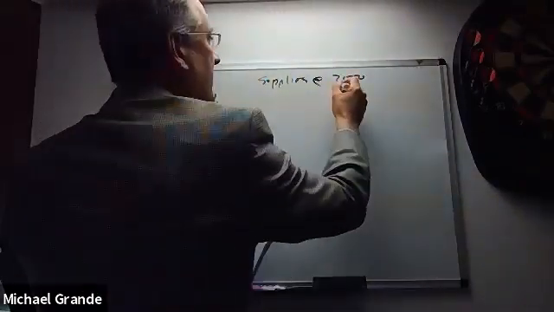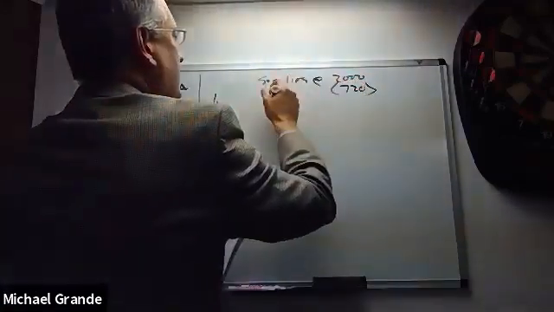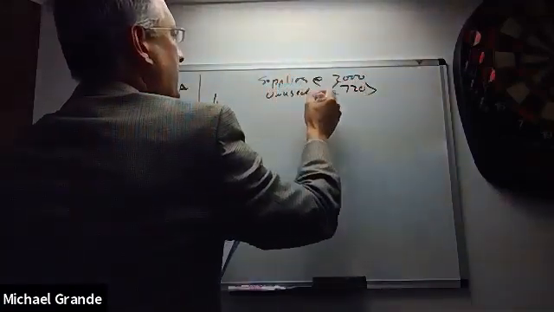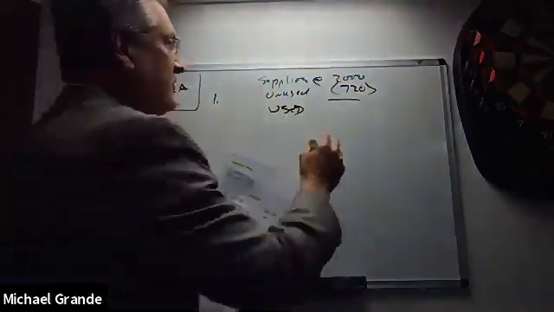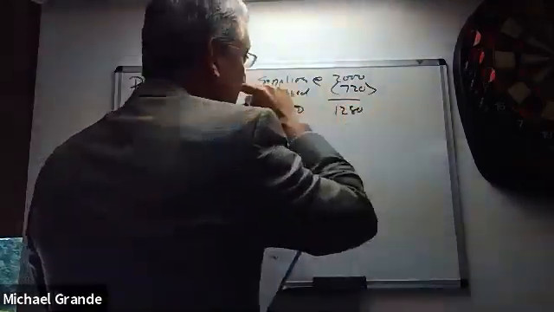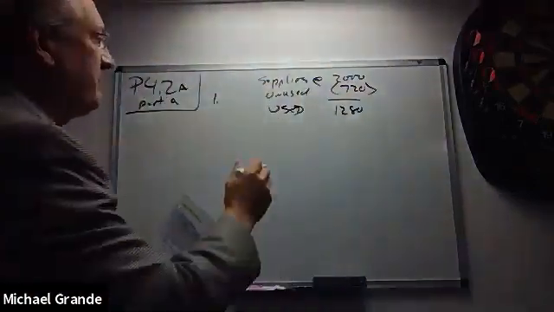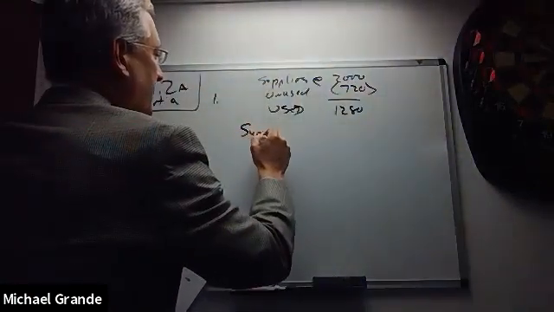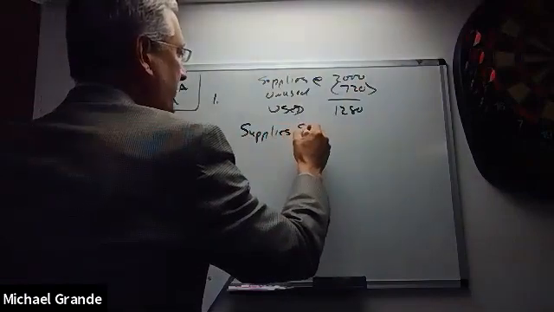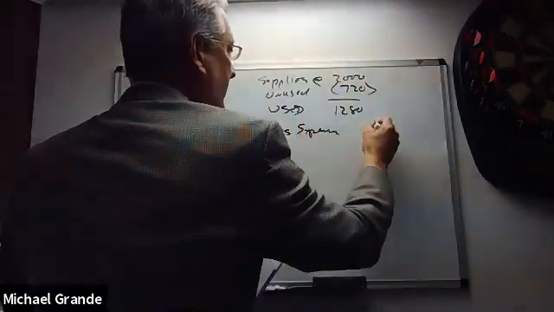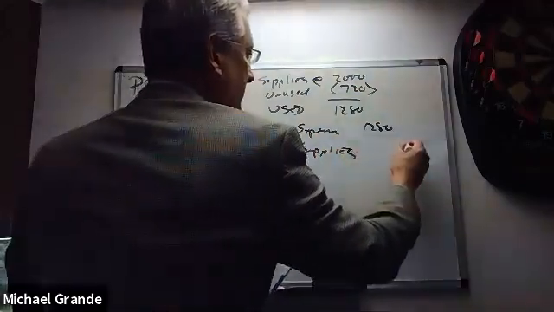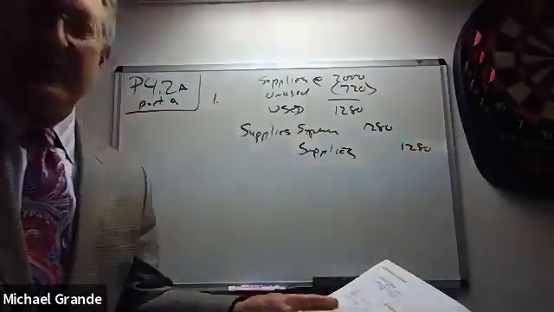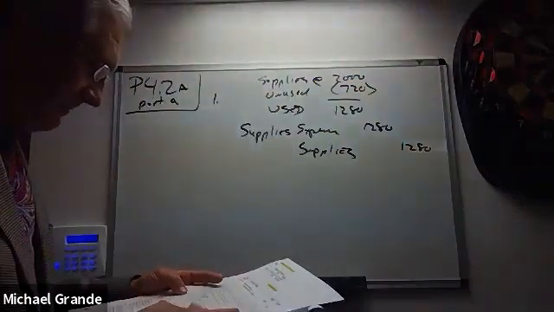So again, that's the amount of unused supplies. So we want to know what was used, and it says $1,280 were used. That's the expense. Debit supplies expense, $1,280. Credit supplies, $1,280. These are seeming familiar, but practice makes perfect.